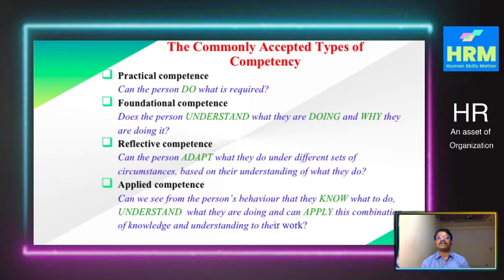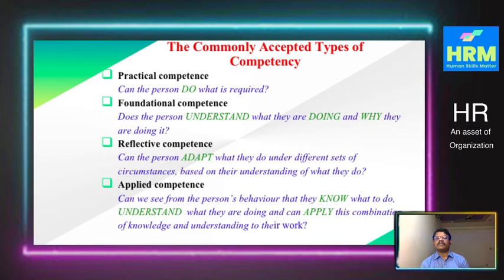If you look further, there are the commonly accepted types of competencies. Practical competencies: can the person do what is required? Fundamental competencies: does the person understand what they are doing and why they are doing it? Reflective competencies: can the person adapt what they do to a different set of circumstances based on their understanding of what they do?